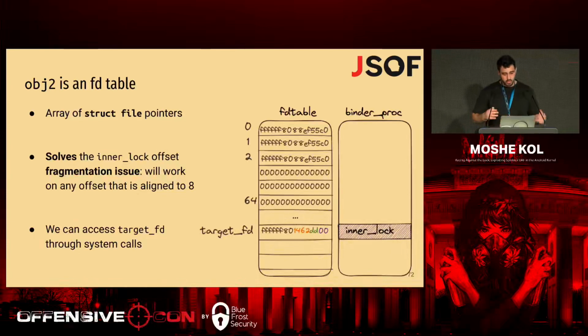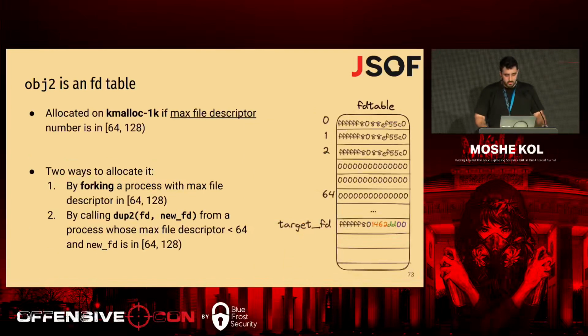Further, this object is convenient because we can access the target FD. We know the FD number that corresponds to the pointer at that specific offset because it is just the offset divided by 8.